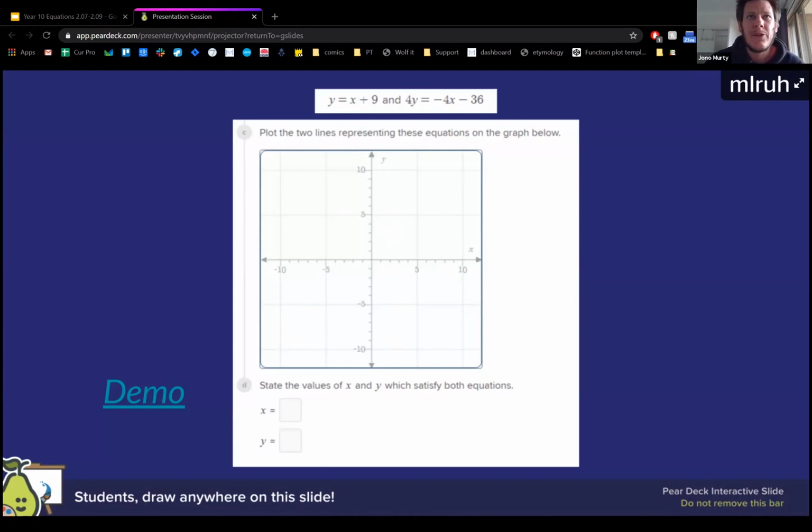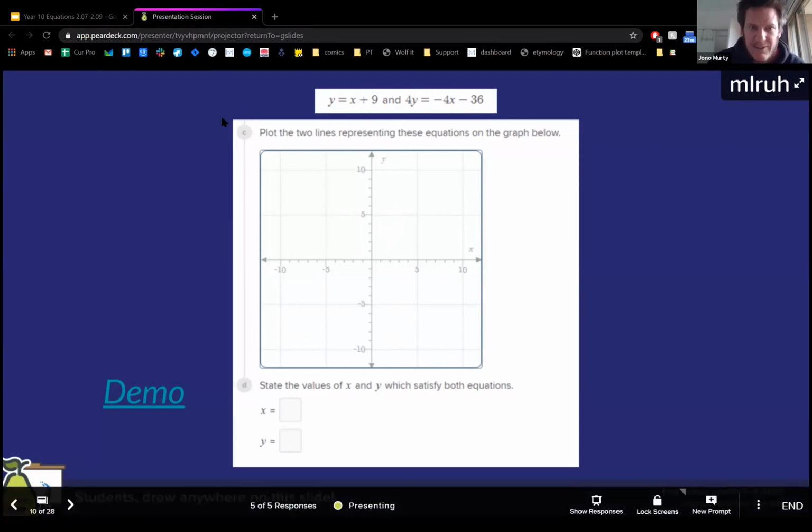Not the best tool for drawing graphs, unfortunately, but do your best. Looks like you can do the straight lines, which is good. Hopefully you've got the same features I do.